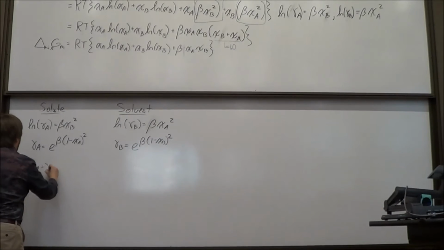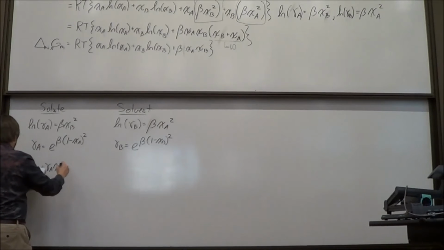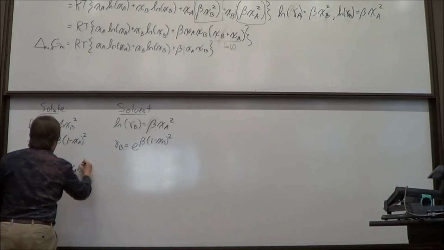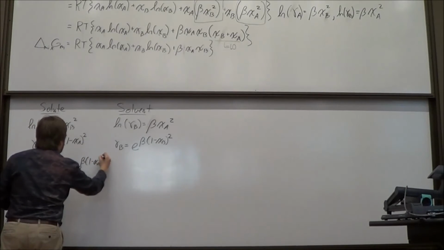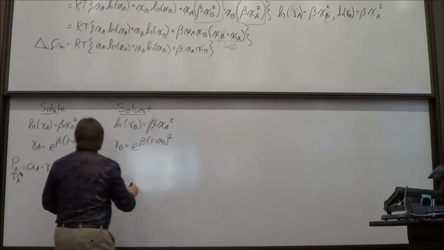Okay, now I can define the activity. Activities, again, are gamma A times chi A. So I've already defined that, so that's chi A e to the beta. And remember, I'm kind of painting myself in a corner here. Don't forget that this is perfect, right?